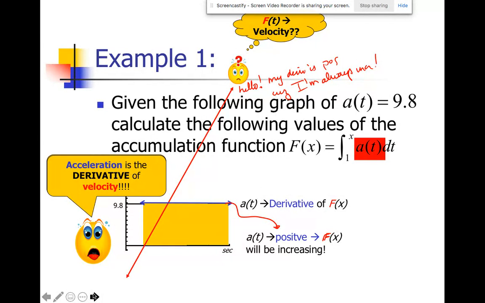You know what else you know? Since the derivative has no extrema, capital F has no change in concavity, which means it has no concavity.